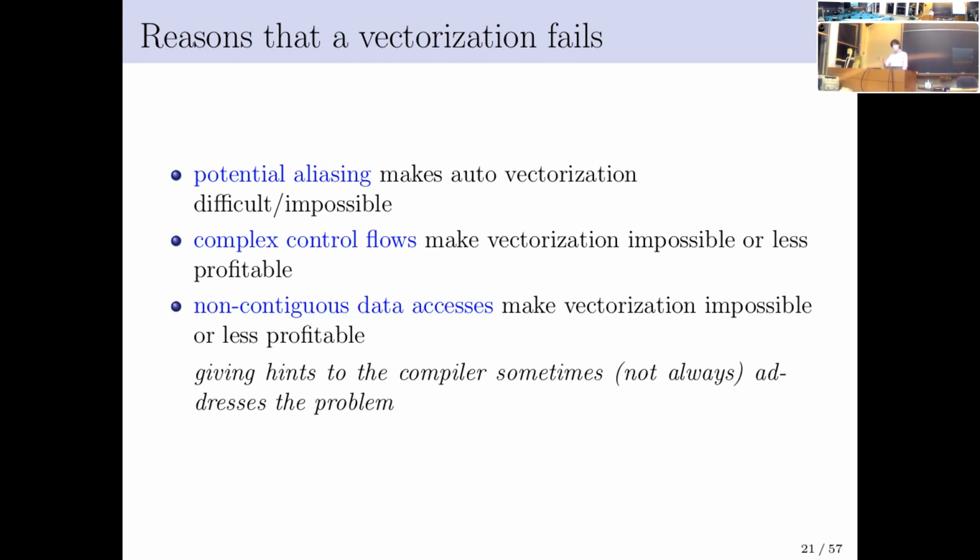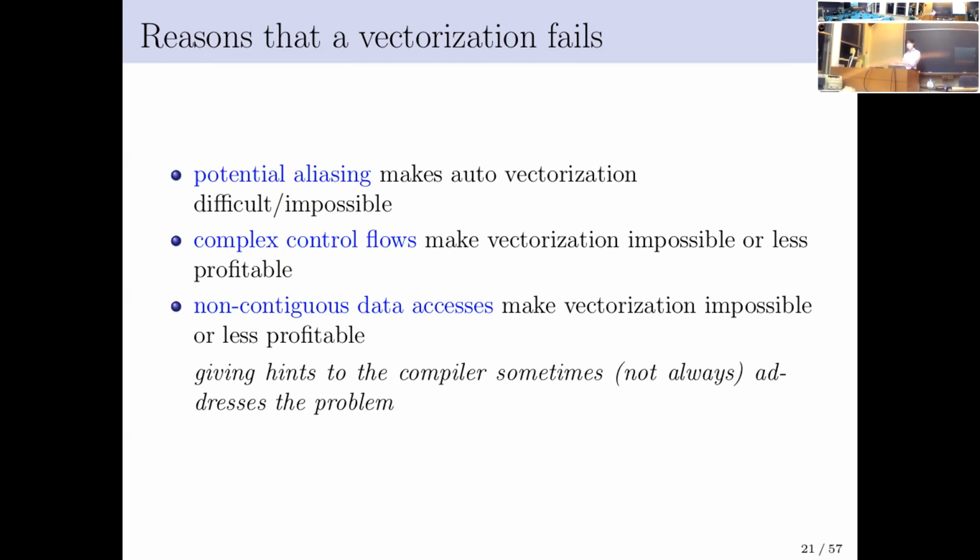The OMP SIMD pragma is one way to circumvent this situation, but there are still other situations in which even OMP SIMD will fail. In general, if there is a complex control flow inside the loop iteration, then the compiler tends to give up vectorization.